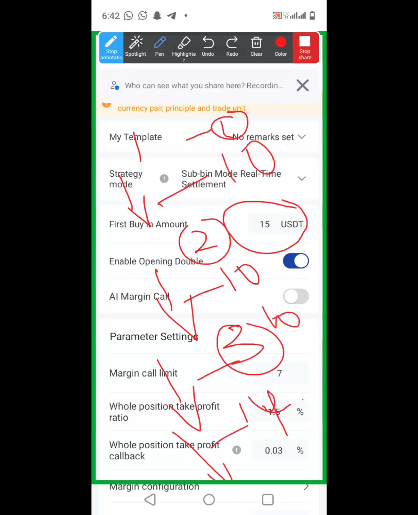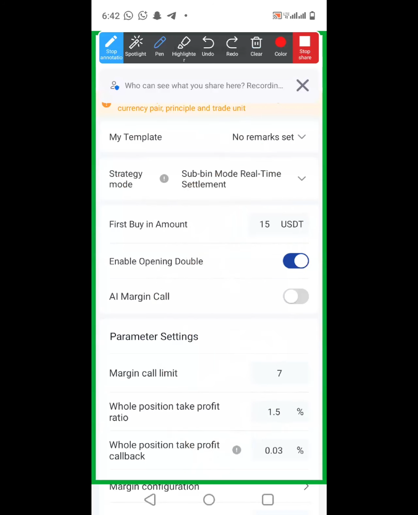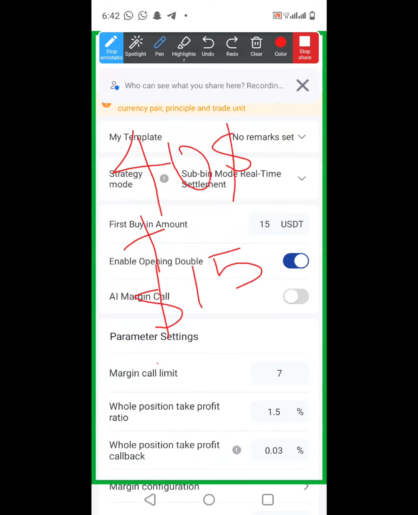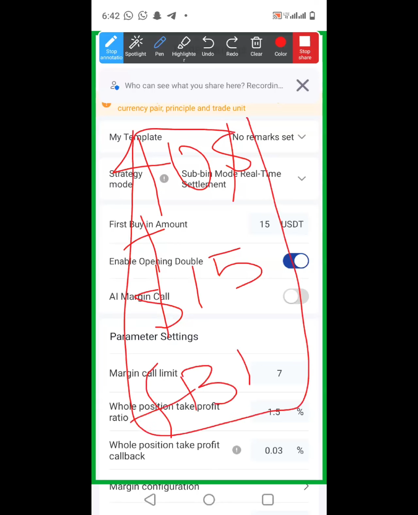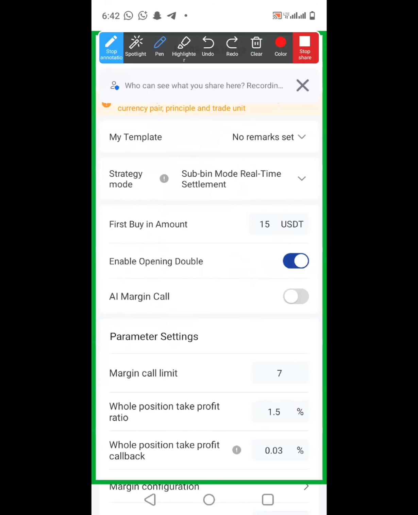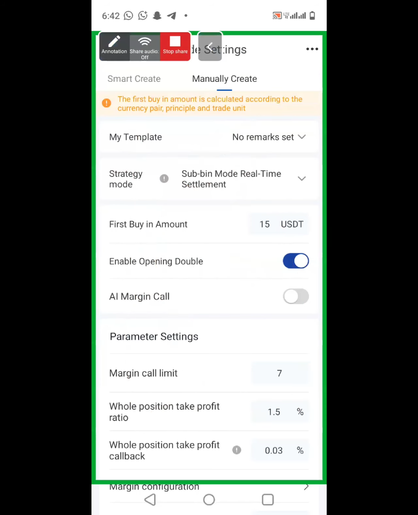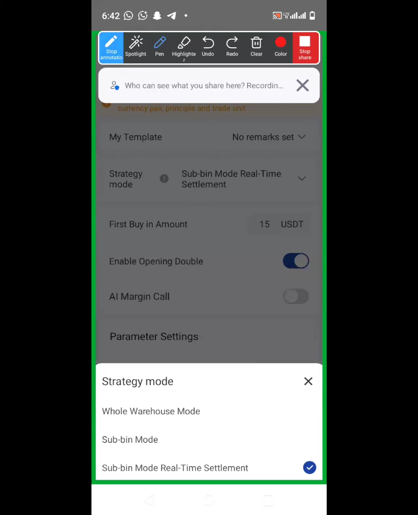So the robot will now sell this 1 margin call, 2, 3, 4, which is $40, plus the $15 you've used for your first buy-in amount all together. Because you are using this OWS mode here, as simple as ABC.